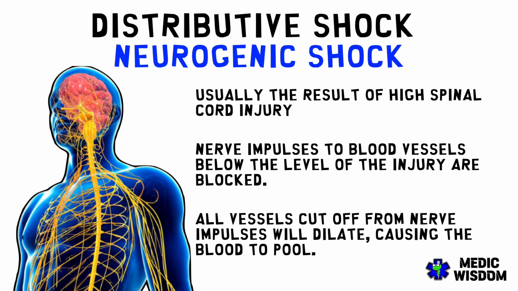Well, wherever your spinal cord is cut, from that area down, your nervous system can no longer send or receive signals. So those blood vessels are just going to dilate and stay dilated. They're never going to vasoconstrict again because they'll never get a message from the brain saying to vasoconstrict, because that spinal cord has been severed.